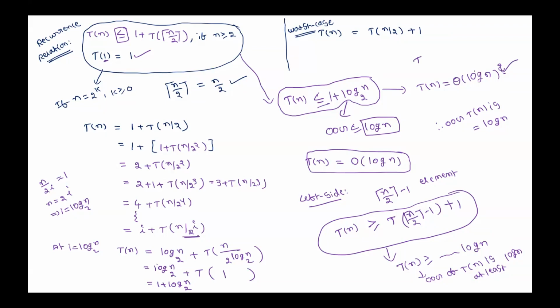With this knowledge alone, we cannot say this, but after proving this also, we can easily say that. Is that correct? So finally, what is the order of growth of worst case running time of binary search?